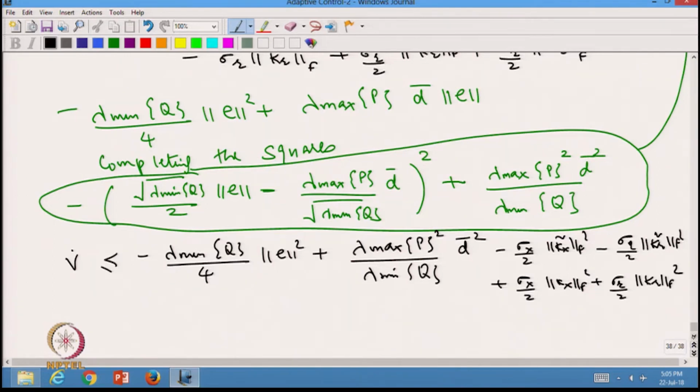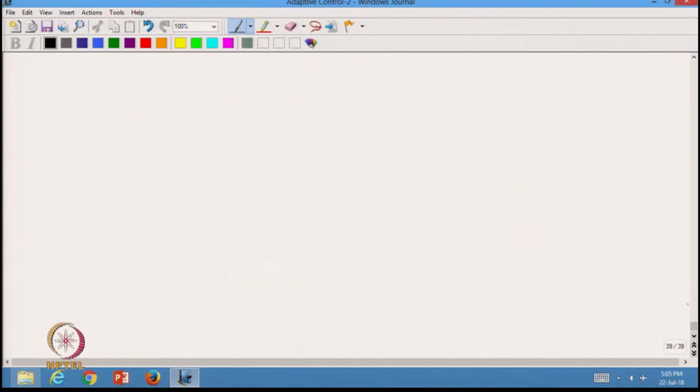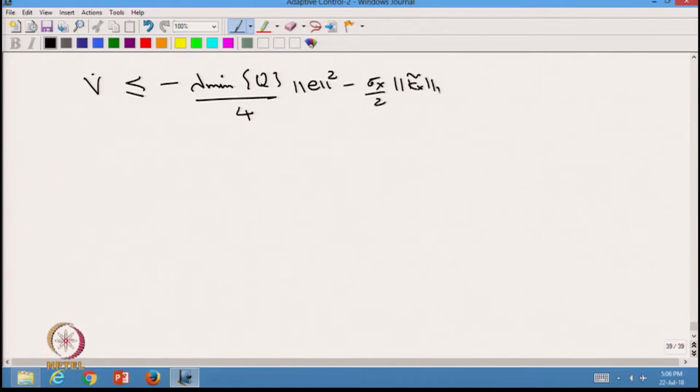Now we collect the negative terms together and then the positive terms together. So what we get is V dot is less than equal to, we just rearrange here, minus lambda x over 2 kx tilde square minus lambda r over 2 kr tilde square, and then we have the positive terms.